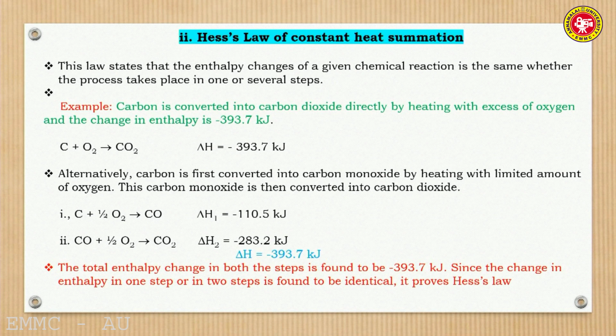Whether the reaction takes place in a single step or several steps, the total enthalpy value is the same. Now we have proved this based on these equations. The total enthalpy change in both routes is found to be minus 393.7 kilojoule; since the change in enthalpy in one step or two steps is identical, it proves Hess's law.